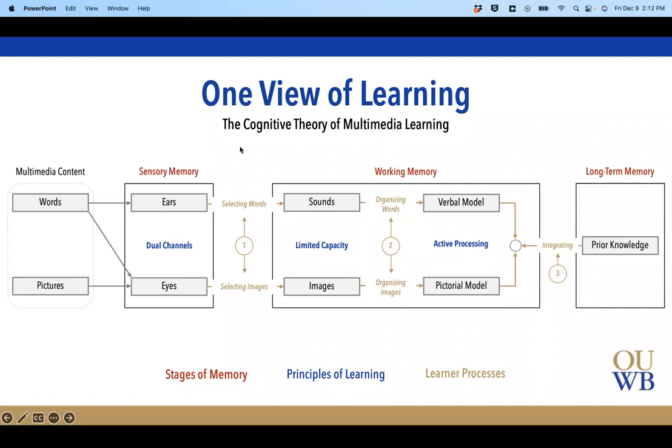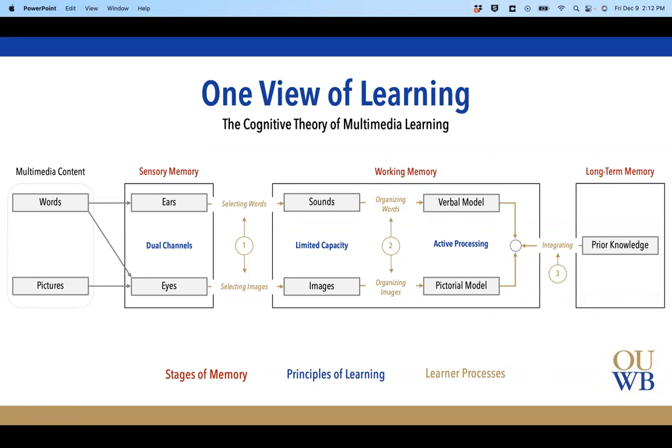Once we get past sensory memory, we get into working memory. It's very limited. We'll come back to this a little bit as we talk about some of these principles and processes. The goal is to get information into long-term memory, because once information is in long-term memory, short of some physical trauma or sometimes through the process of aging, there can be impacts on long-term memory.